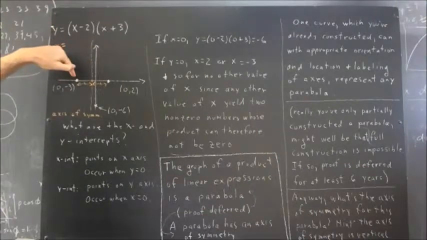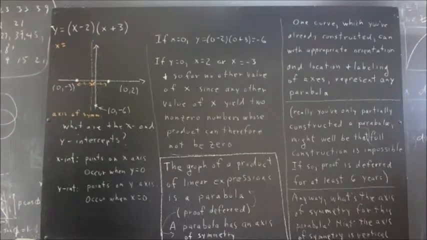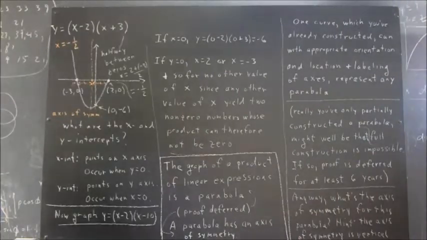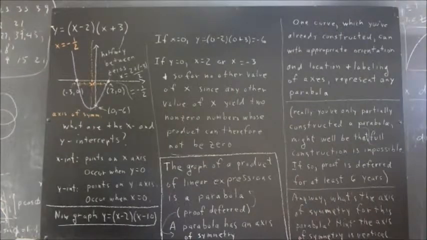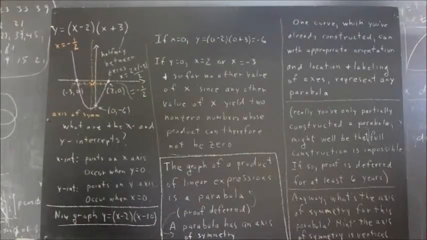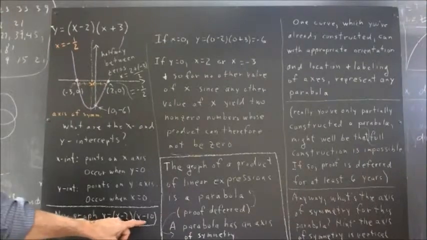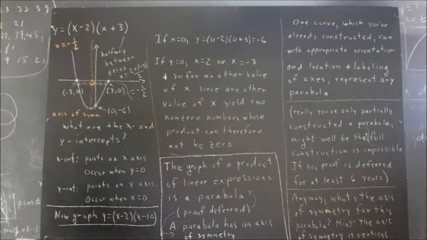Halfway between these points, what's the x-coordinate? Oh goodness, see what I've done here? Now I suggest that you use the same type of reasoning we've used here. Graph y equals quantity x minus 2 times quantity x minus 10.